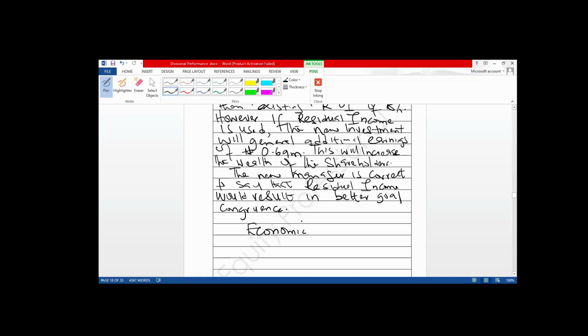Economic value added can also be used to measure performance of divisions or the performance of the company as a whole.